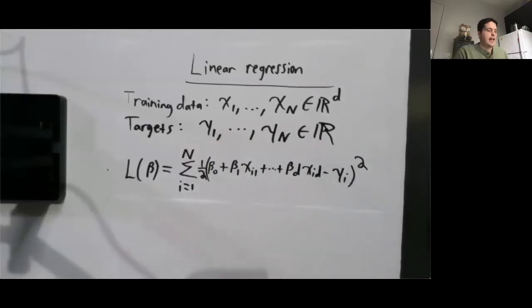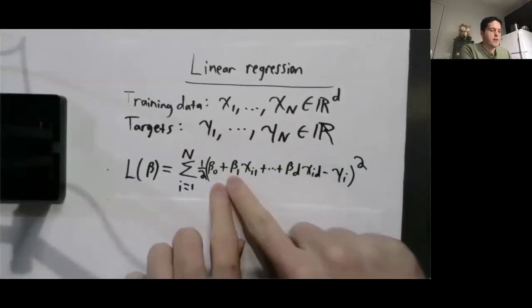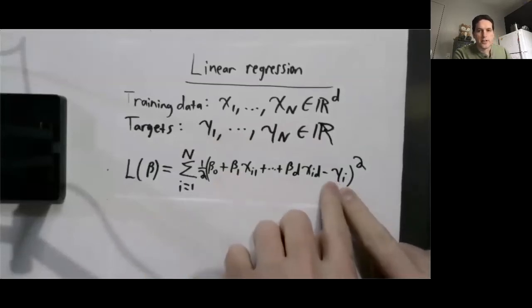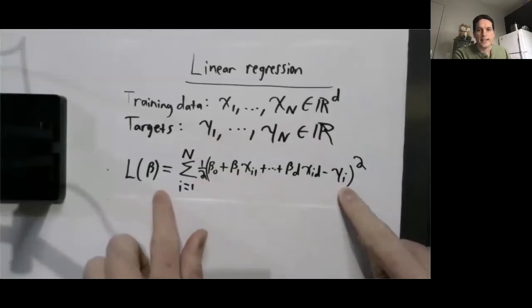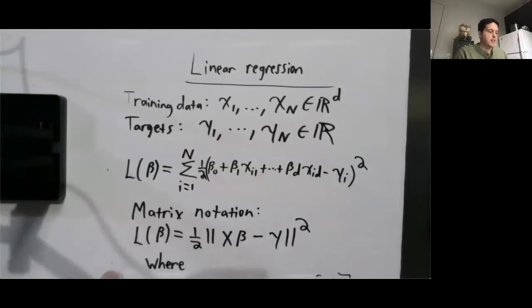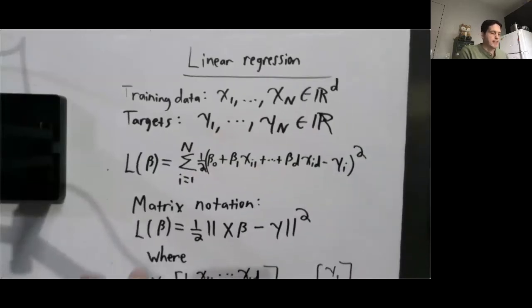And here's our objective function. We hope that our predicted value agrees with the ground truth target value for each of the training examples in our training data set.